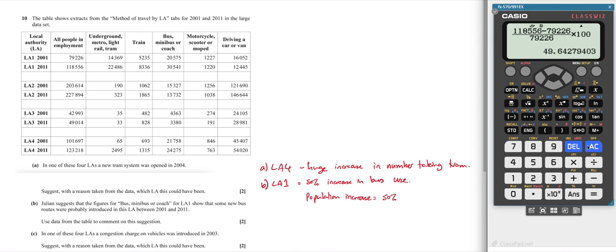So it doesn't really suggest that new bus routes were introduced. There's no increase in bus use other than natural growth. So no reason to suggest new bus routes.